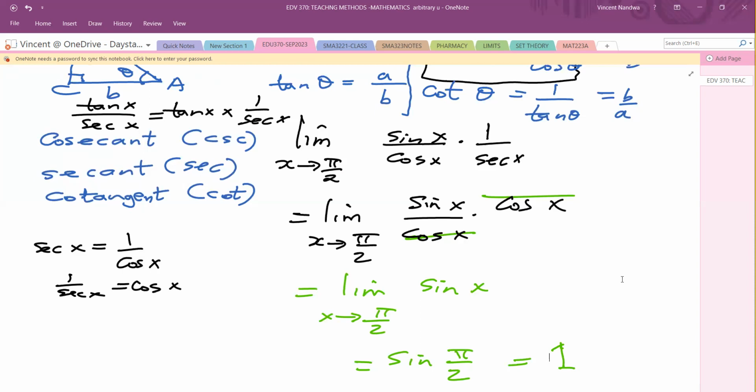Hii inakuwa vizuri. One by one. Yeah. Sasa nataka with that in mind, I want to explain also other. I want to skip the next problem. Nimefanya tena another example ya kimbele.